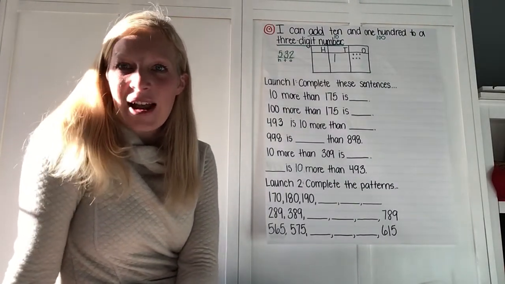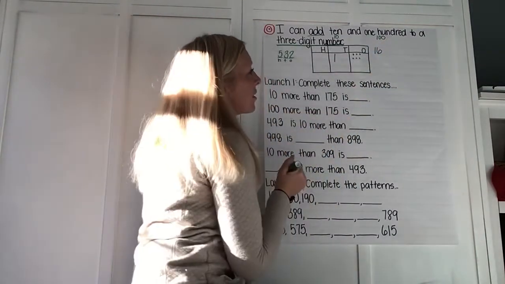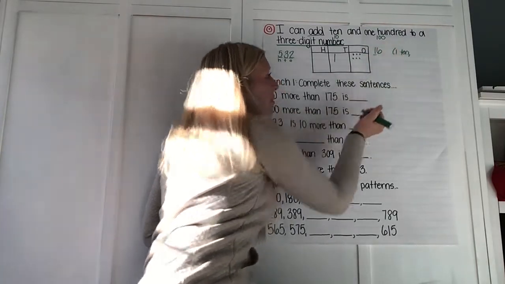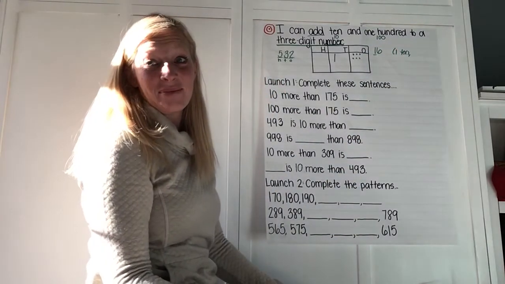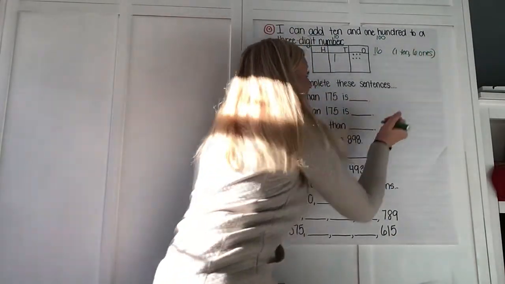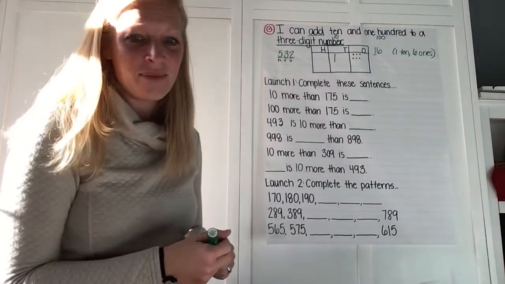How many tens do I have in 16? I have 1 ten. And how many ones do I have in 16? I have 6 ones. Now before, I just had 6 ones and I added 10 to it to make 16.